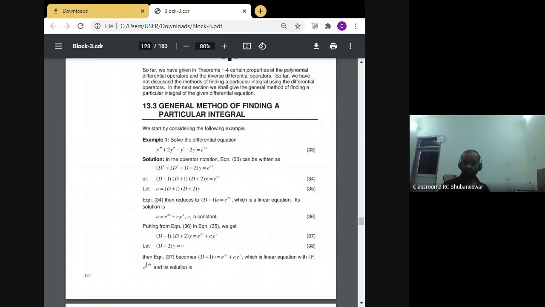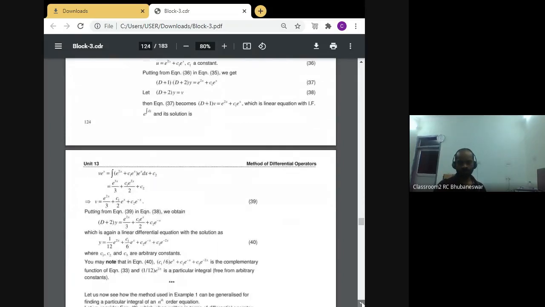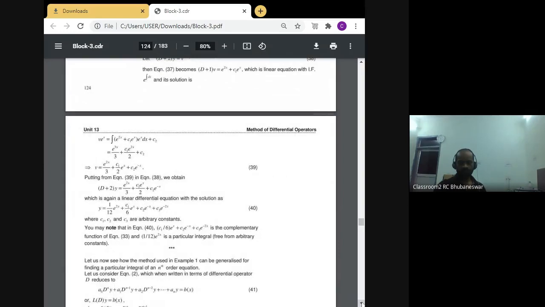Similarly, we adopt the same procedure to get the other values with respect to D plus 1 and D plus 2. So this is the process of calculation using the differential operator to get the solution. Here we have utilized the factors one by one.